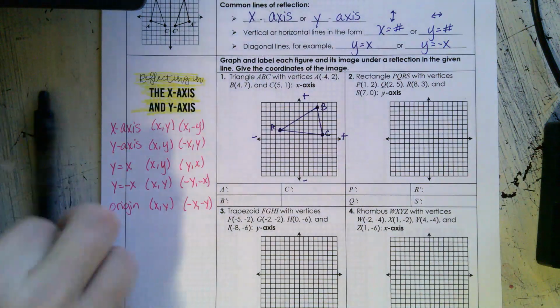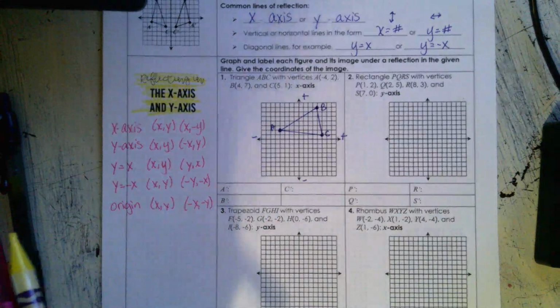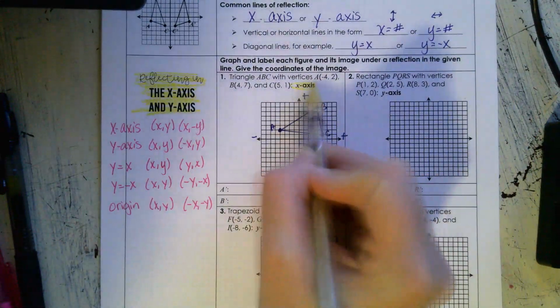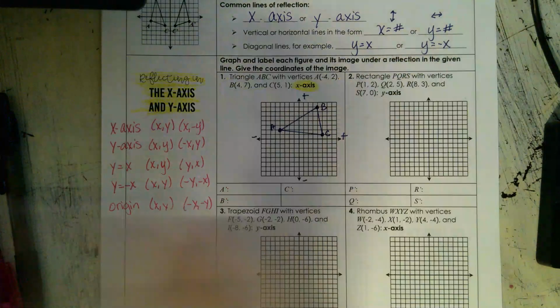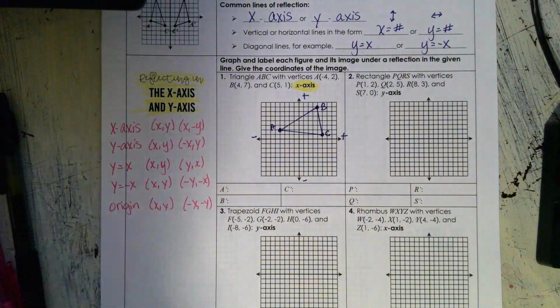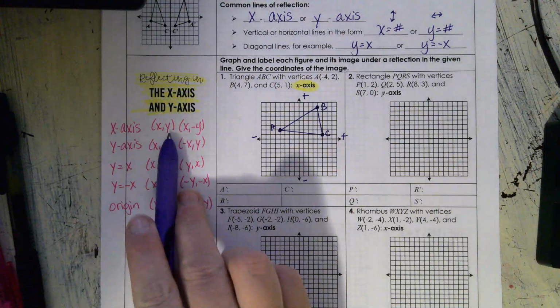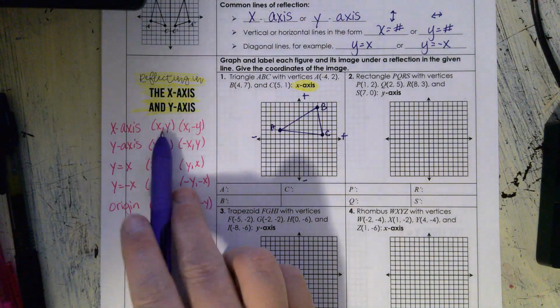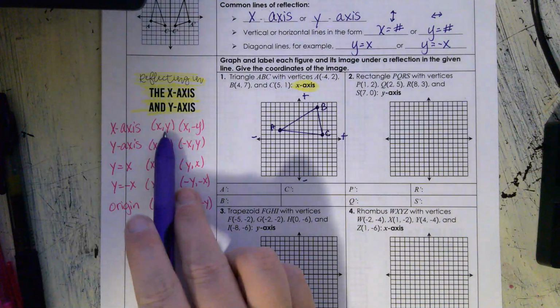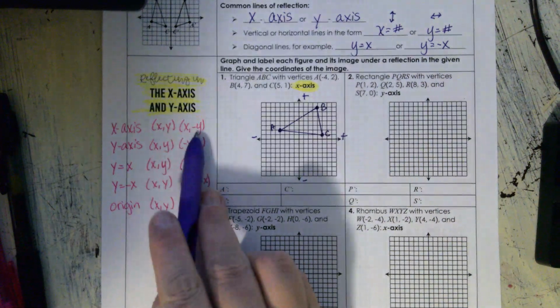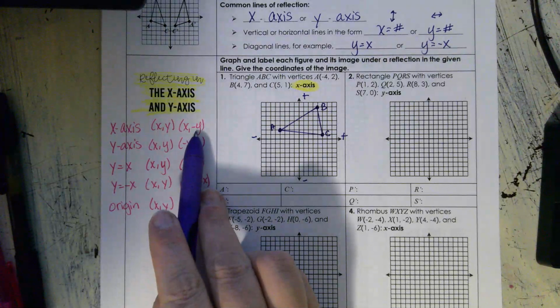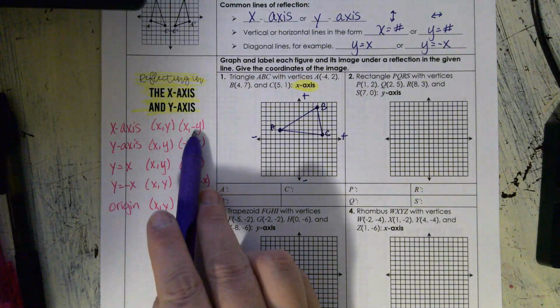So I want to look at the rule, just like we looked at the rule in translations, and they're asking us on this one to flip over the x-axis. So I'm going to go to my rules over here, the x-axis. What they're wanting me to do is take my original point, and we will simply be changing the y values to their opposite. Remember, negative is opposite.